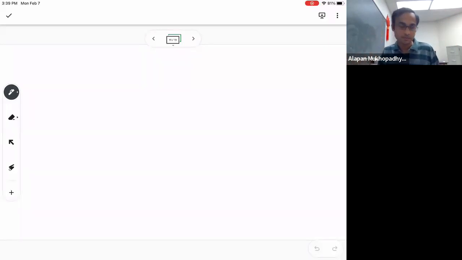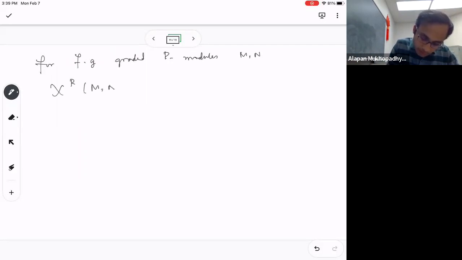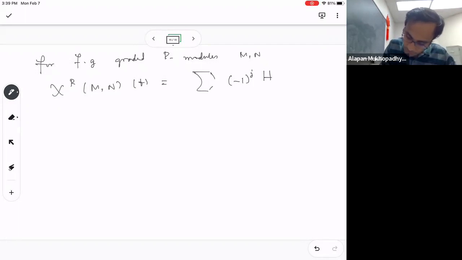So what's the precise statement? Let me define one quantity that will come up. For finitely generated graded R modules M_n, define chi_R(M_n, t) to be just the alternating sum of the Hilbert series of these modules.